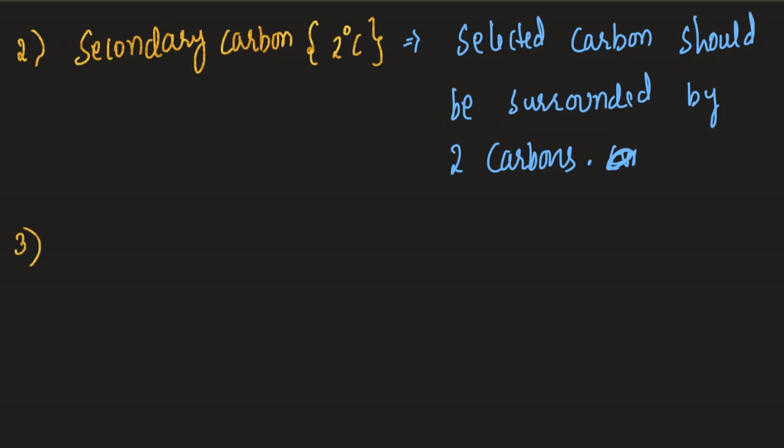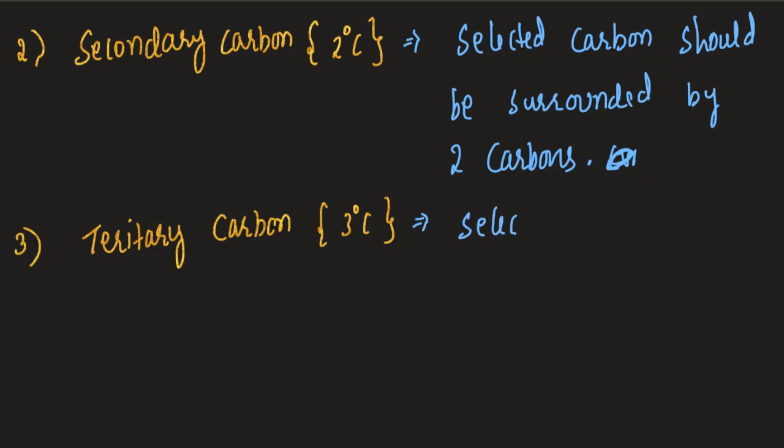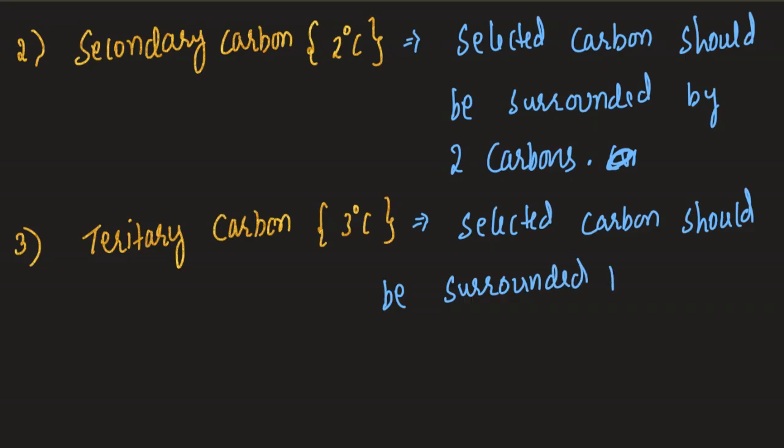Next, third one, tertiary carbon, which is nothing but 3 degree carbon. So let me try to explain you what is tertiary carbon, which is nothing but selected carbon should be surrounded by 3 carbons.